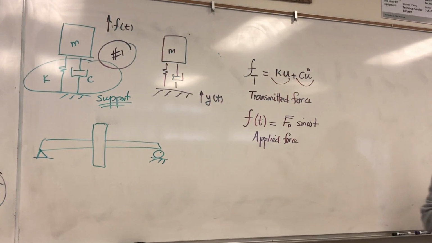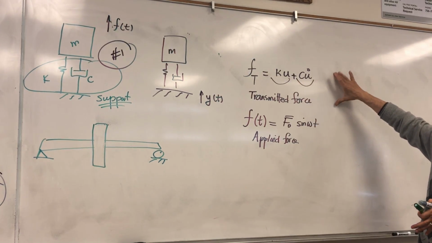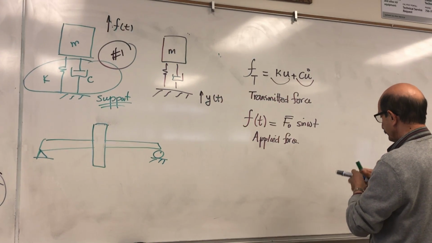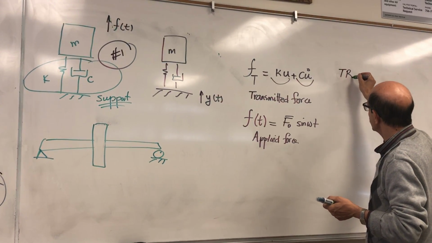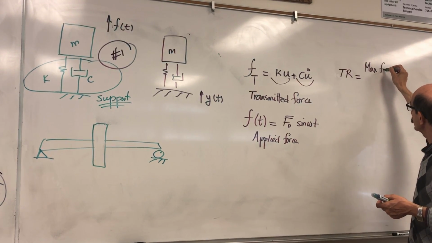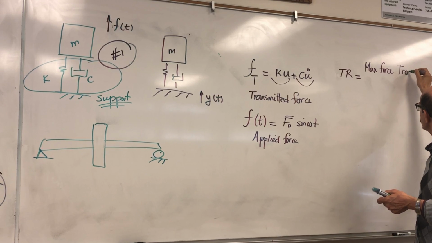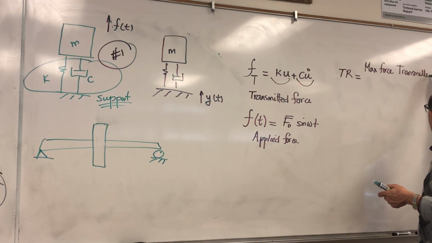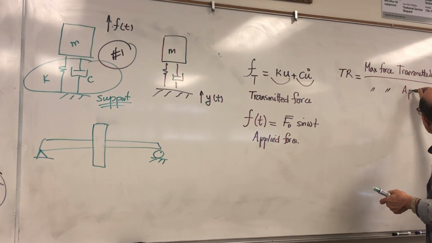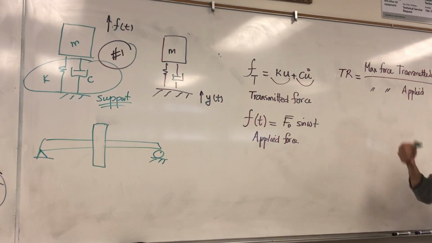One of the key objectives of vibration is that we want to reduce the effect of this force in generating this transmitted force. Or in other words, we want to make sure that the ratio of the maximum force transmitted to the maximum force applied is as small as possible, right?